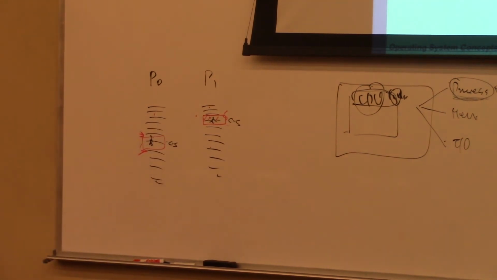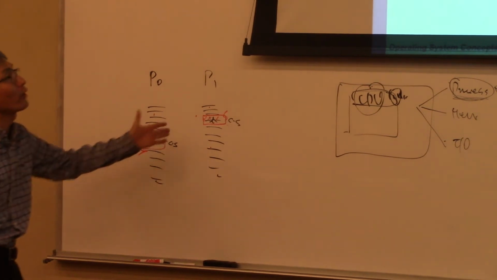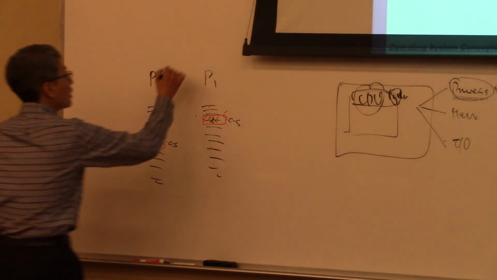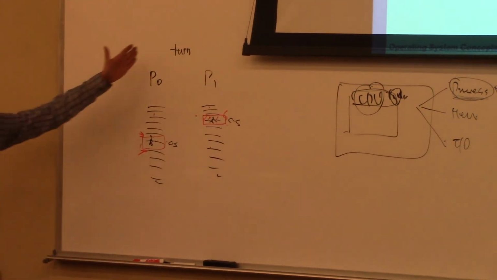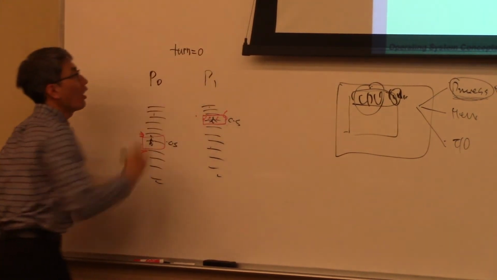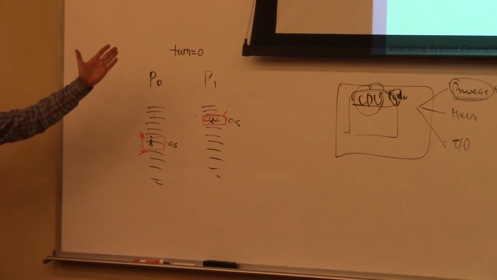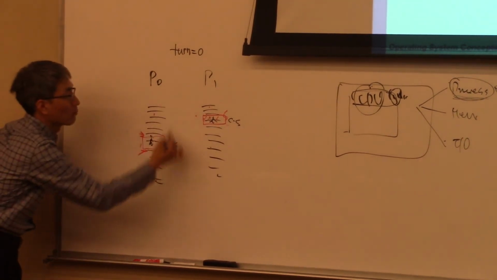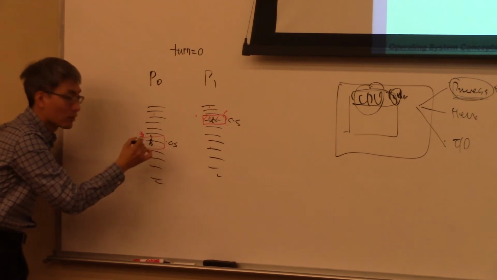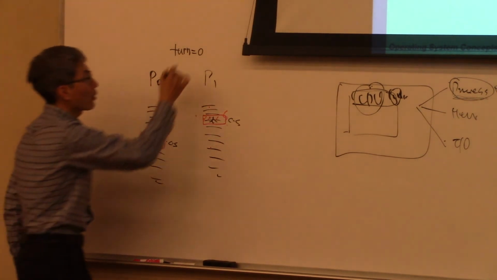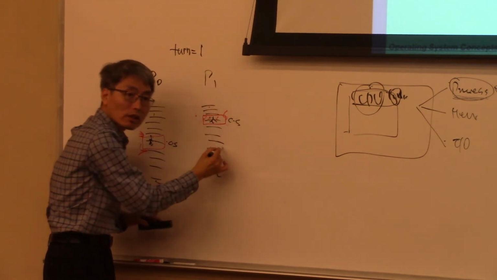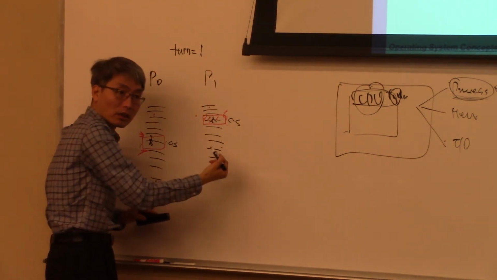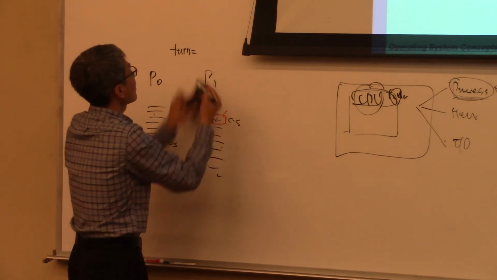To use the shareable data I and enter the critical section, the process needs to get the key. That is the turn. If turn is 0, that means process 0 is using I. Turn is 1 means process 1 is using the shareable data. Okay, so this is turn.